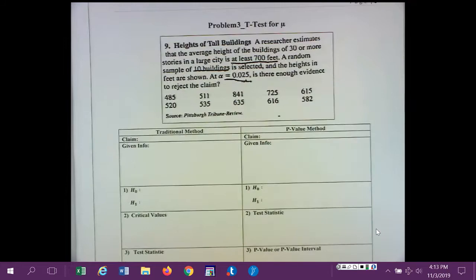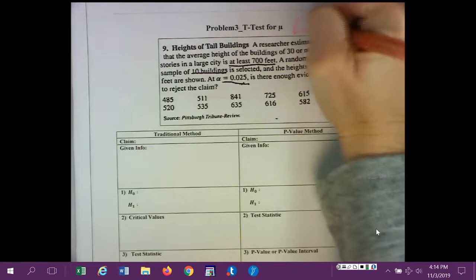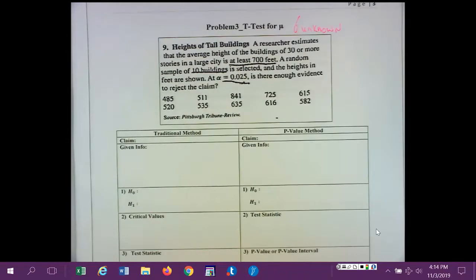This video pertains to problem 3 and problem 4, t-testing for the true mean. T-testing for the true mean is conducted when sigma is unknown. So they are going to wish for us to work with sample standard deviation or find sample standard deviation.